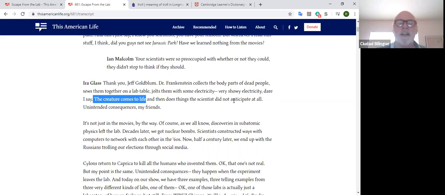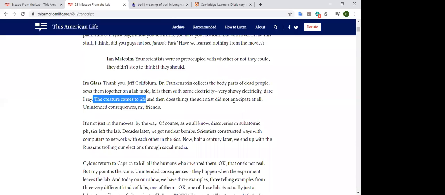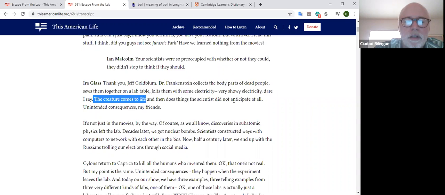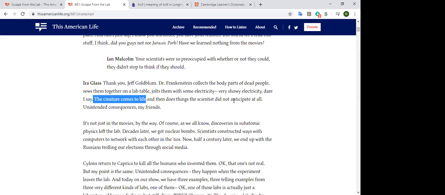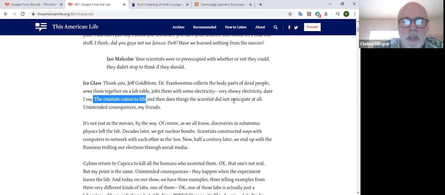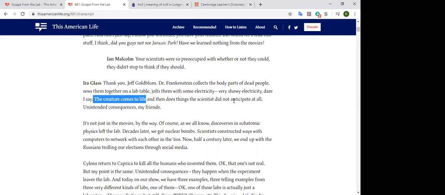Excellent. What comes to life? The creature does. Who comes to life? The creature. What does the creature do? Comes to life. The creature does what? Comes to life. Does the creature come to life? Yes, it does.